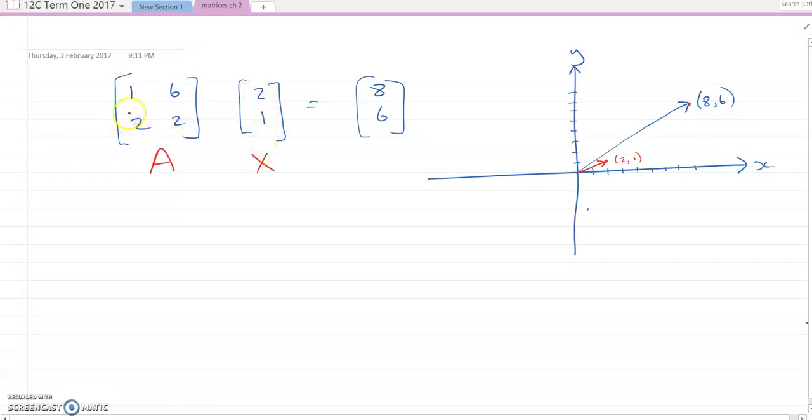Okay, if you recall, last year we did these transition matrices, these 2 by 2 matrices for, say, rotating a point, reflecting a point, dilating, stretching, shearing, etc. So any 2 by 2 matrix, if you just make up some random numbers, it's going to do something to a point. If you think of this 2, 1 here as a point on the xy. Okay, so if you recall this. So 2, 1 looks like this. It's over 2 on the x and it's up 1 on the y. And for this particular matrix, if we multiply out, what we get is 8, 6.